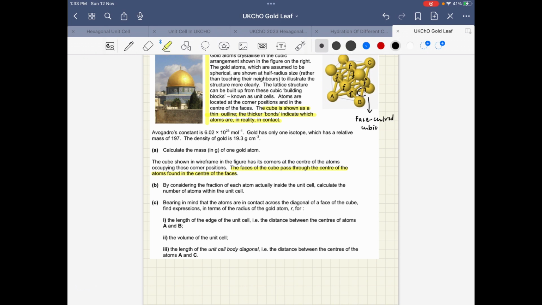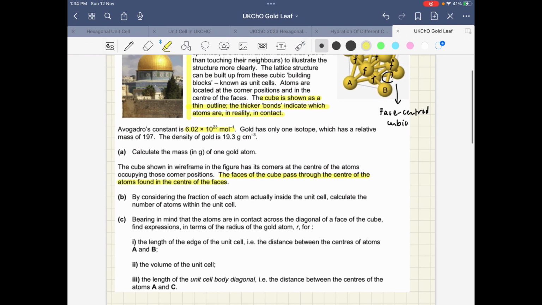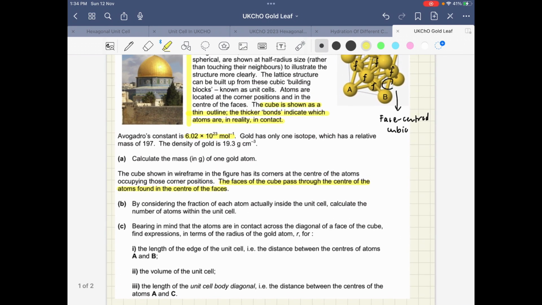Okay, so we will start with question A first. It tells you the Avogadro's constant, which is how many particles are in 1 mole of the substance, and here they quote a value of 6.02 times 10 to the power of 23 particles per mole.